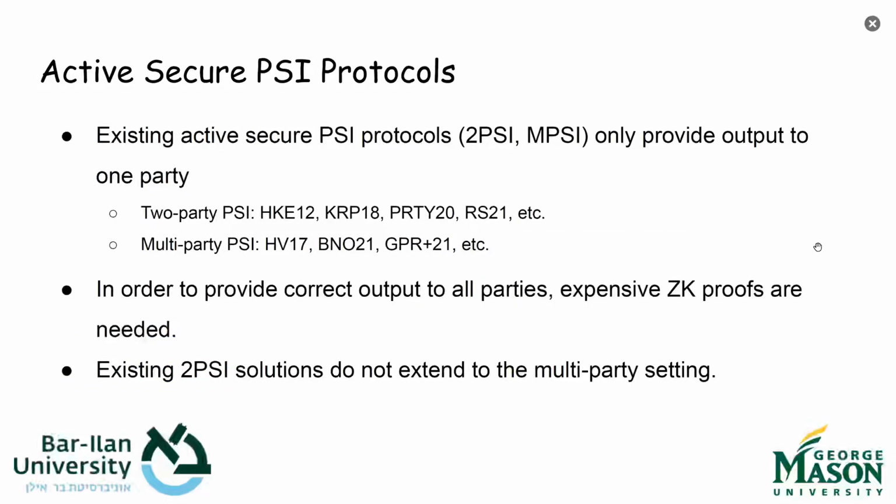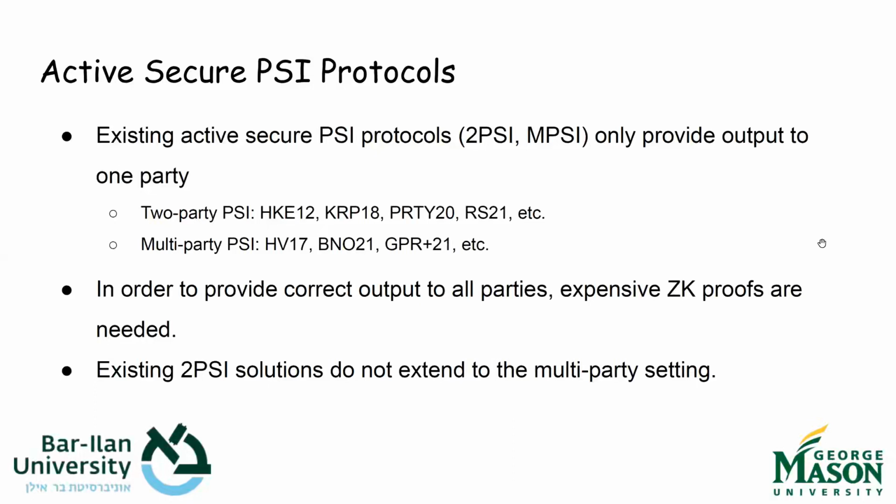PSI is an important problem and is studied extensively among the cryptographic community. Theoretically, this is an interesting and challenging mathematical problem. Practically, PSI is used as a subroutine in many important real-world applications. There is a long line of work on PSI, both in the two-party and multi-party setting. However, all existing work focuses on the case where only one party will receive the output.